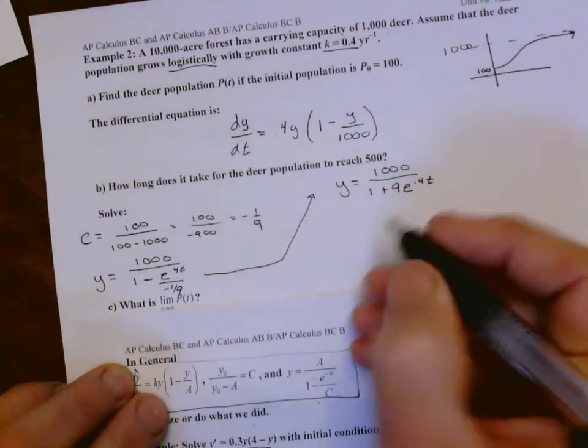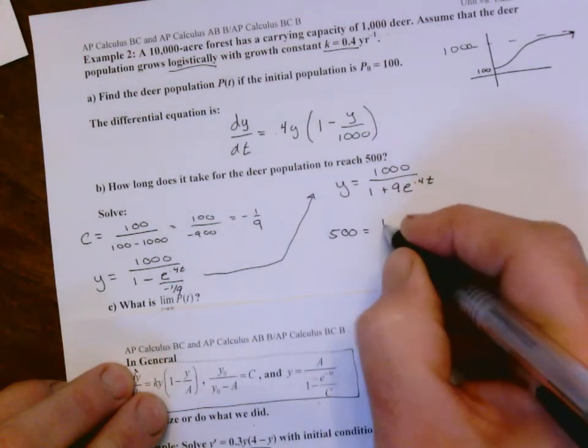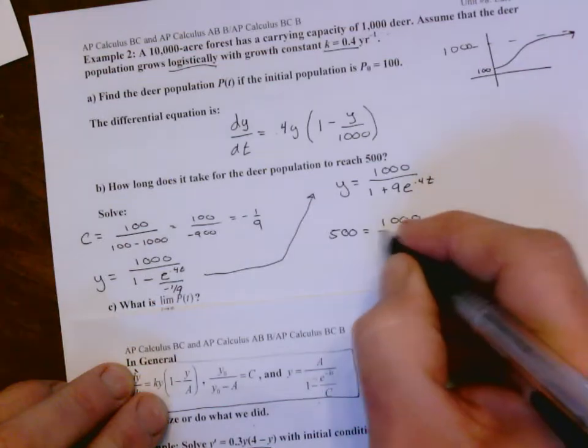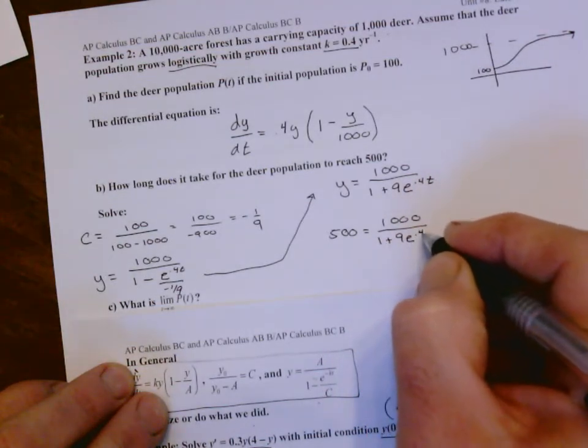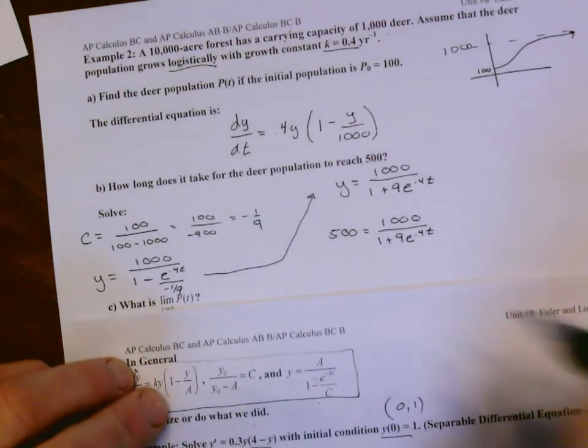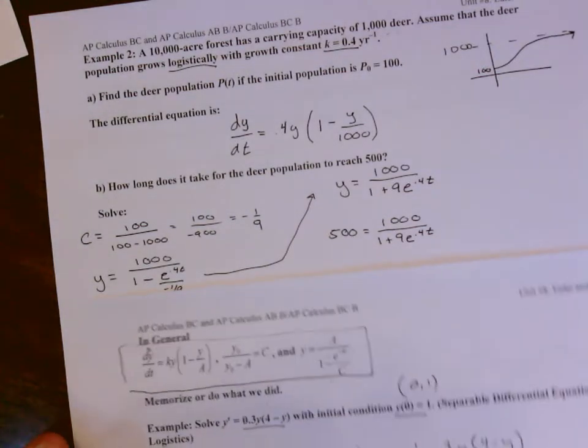Now all I need to do is figure out when it's 500. So I have 500 is equal to 1,000 all over 1 plus 9e to the 0.4t. And then I have to solve for t. This we will not do by hand. We'll have to do this using our graphing calculator. I've already done it.